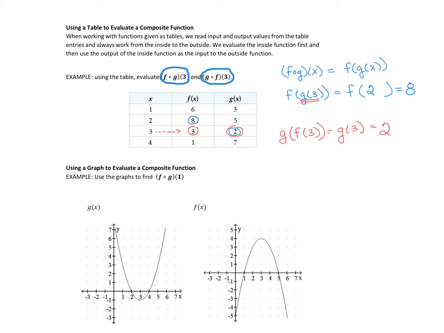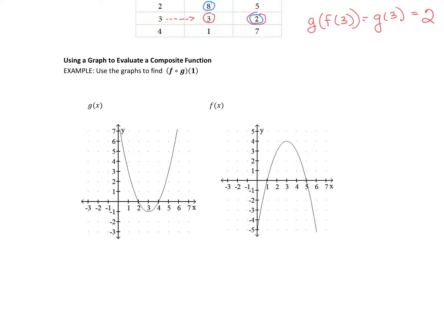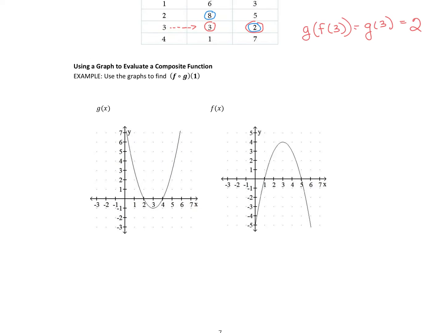We can also do that using a graph. If we're going to look at the graph to evaluate a function, in this case we have g of x and f of x, and I want to find f of g of 1. I start from the inside. What is the function value g of 1?